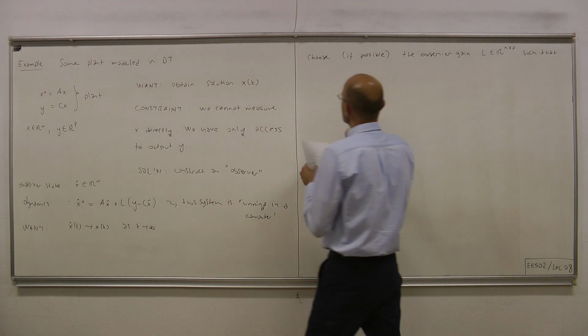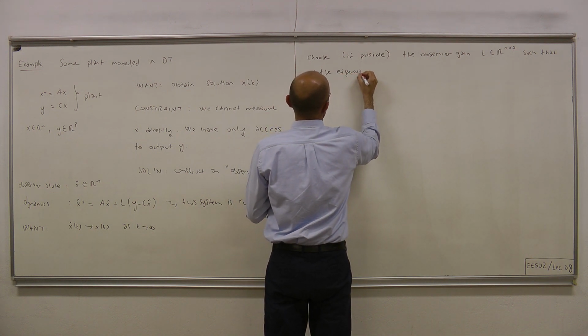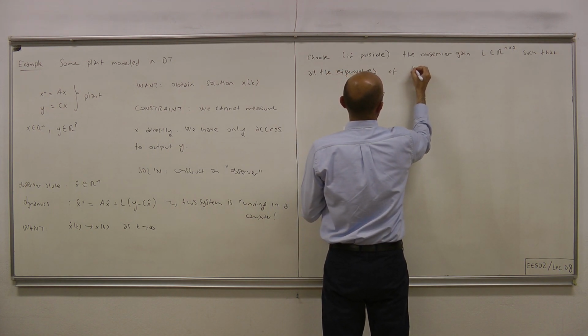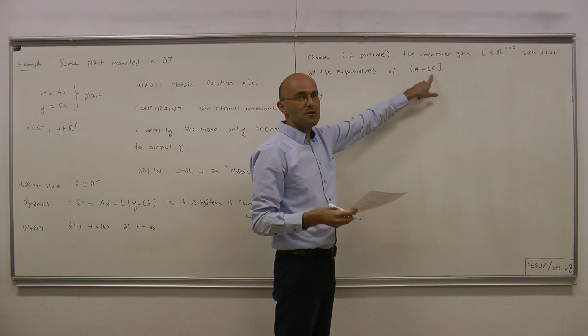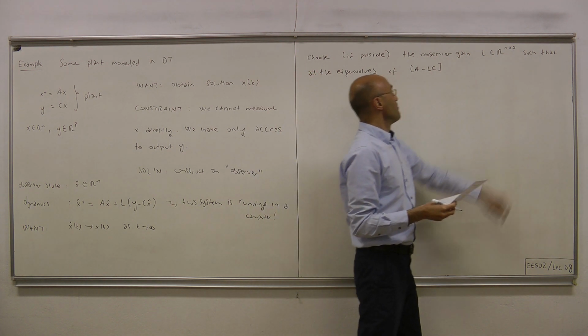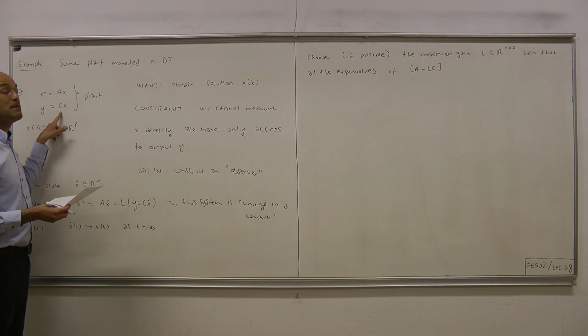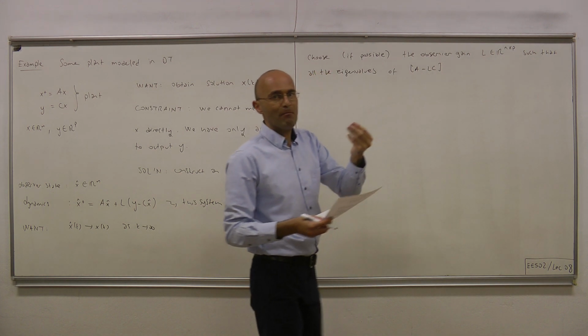such that all the eigenvalues of the matrix A minus LC satisfy the following. Now that L is n by p, C is p by n. Therefore, L times C is n by n.